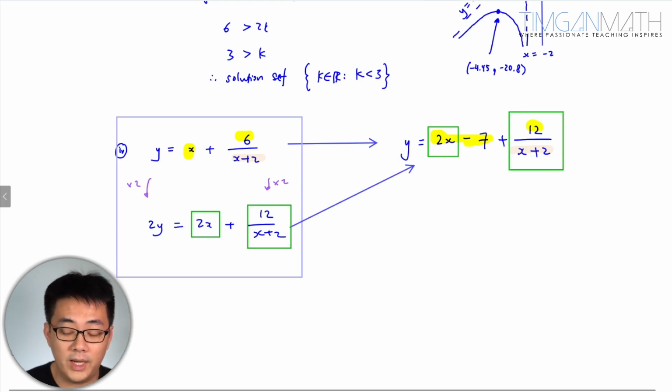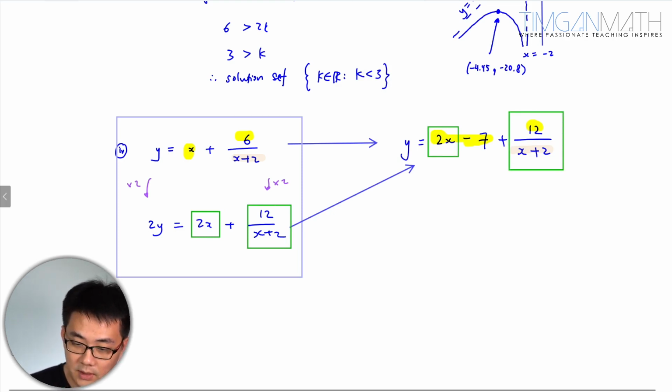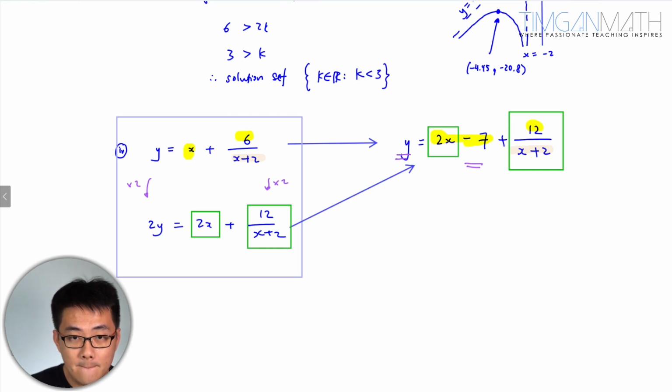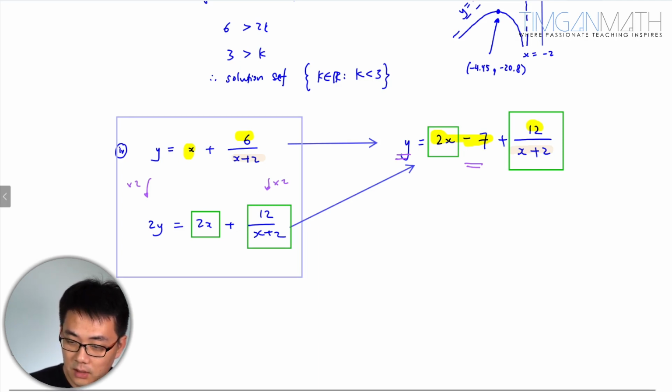What I need to do now is to settle the minus x here, minus 7 here, and this y. So what I'll do here is just change this. I'm going to write this down. This one here to this one.